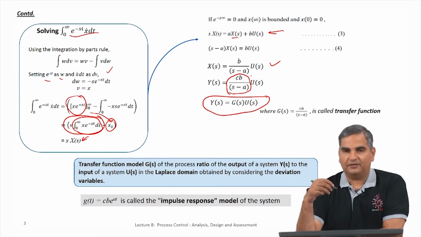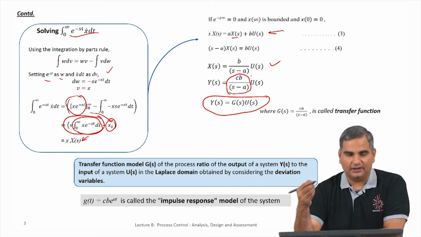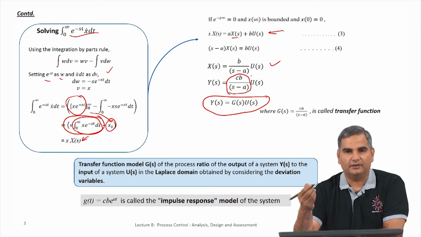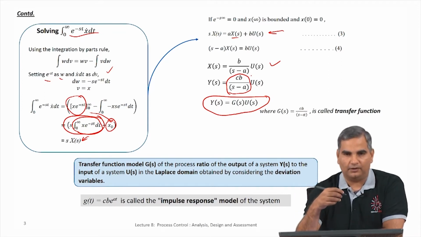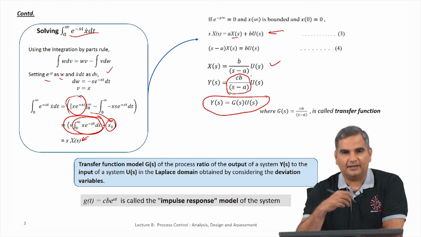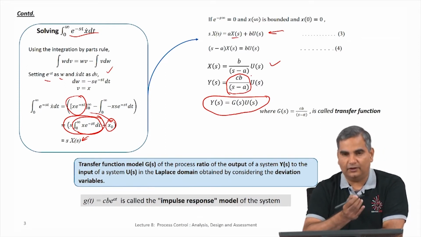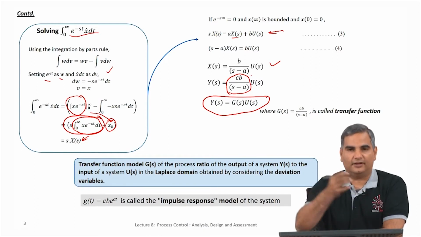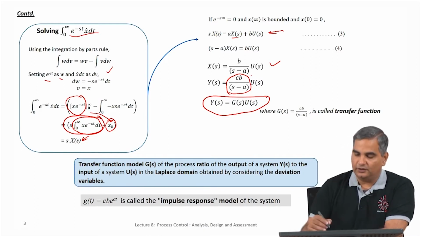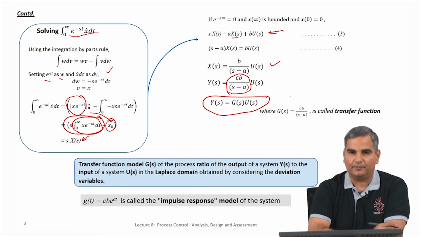So, what we have done really is taken a physical system and then modeled it with variables and parameters, and those parameters become coefficients in a state space model of the form x dot equal to ax plus bu, y equal to cx. And that state space model can be translated into a transfer function model, which is of this form here, with the coefficients in the state space model, which are actually related to the physical coefficients. So, these are physical coefficients, and that is how they come into a transfer function form.